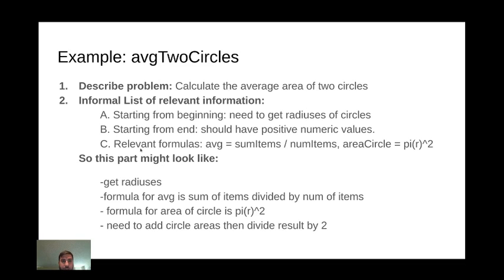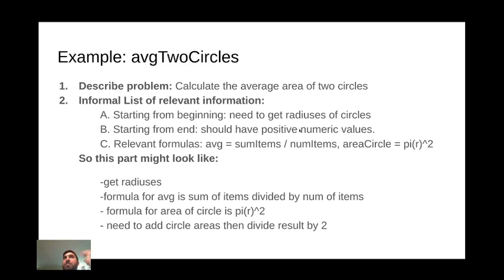Notice right there that even I was a little bit out of order compared to the notes. At this step, the order's not important. Just make sure you're listing down all of those things that you need. So we know we're going to need the radiuses of those circles in order to calculate the average area. So there are some inputs that we need. Starting from the end, we should have positive numeric values.